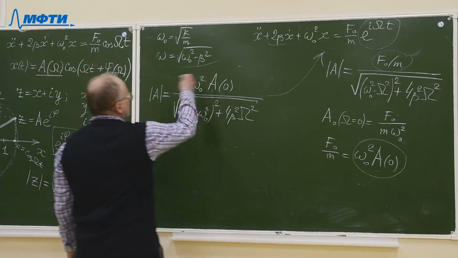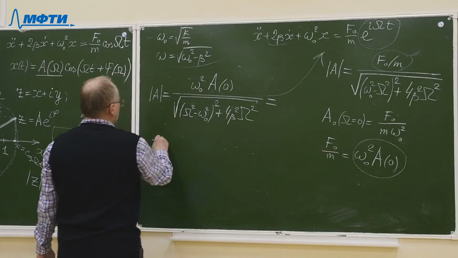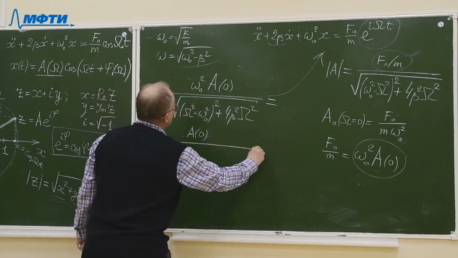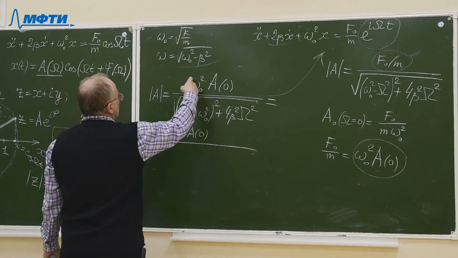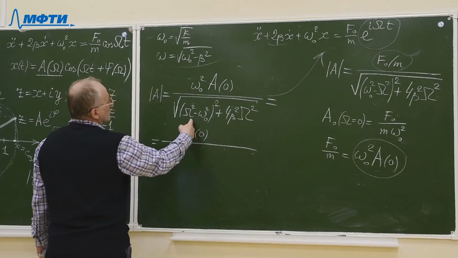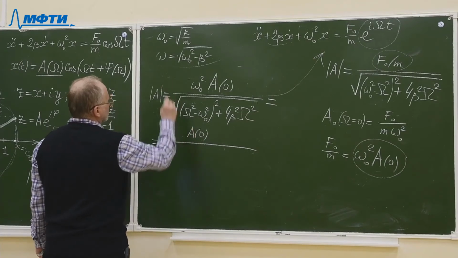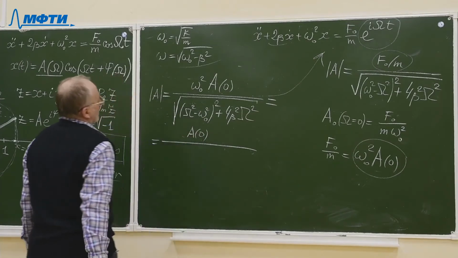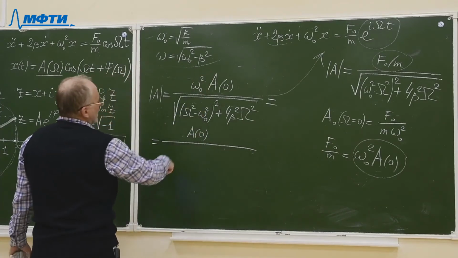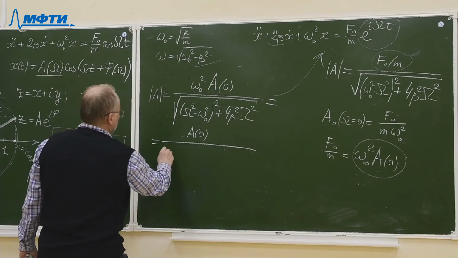Now I will divide all this expression by omega 0, and that will give me A0. If I divide by omega 0, both numerator and denominator, omega 0 will go under the square root as omega 0 to the fourth degree, and then I will put it here.